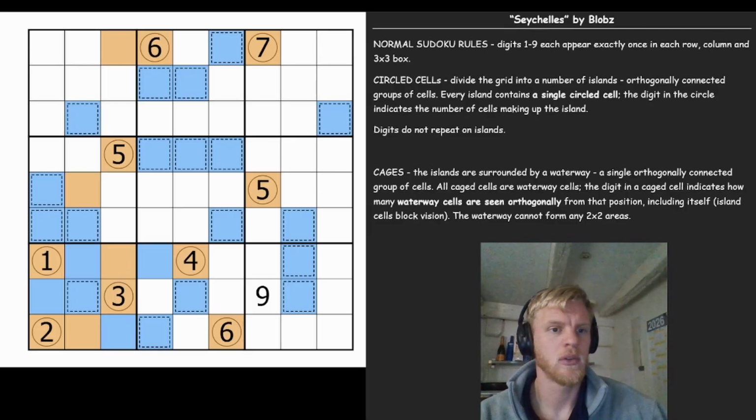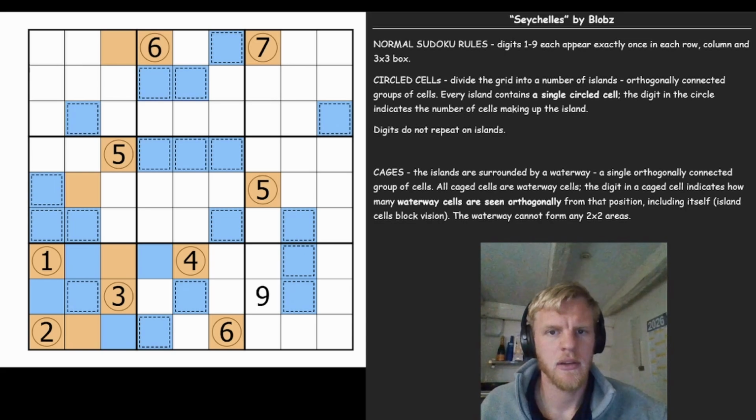Now we have two 5 cell big islands. Digits do not repeat on islands. That's also important to keep in mind, but especially for the bigger islands like 7, 6, maybe 5.